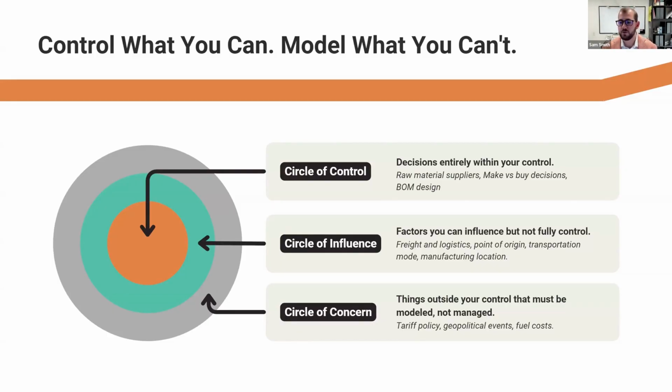Other geopolitical variables might be a real risk, but the effort required to model them with any accuracy may not be justified just based off of how they actually affect a decision. Part of our job as cost engineers is making that call, knowing which variables belong as live inputs in the model and which ones are better left as assumptions that we revisit periodically.